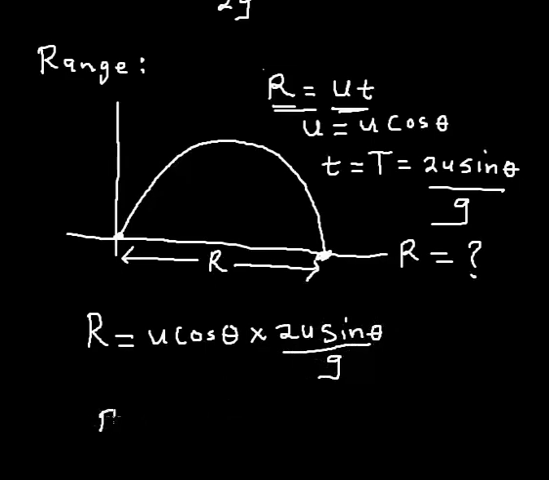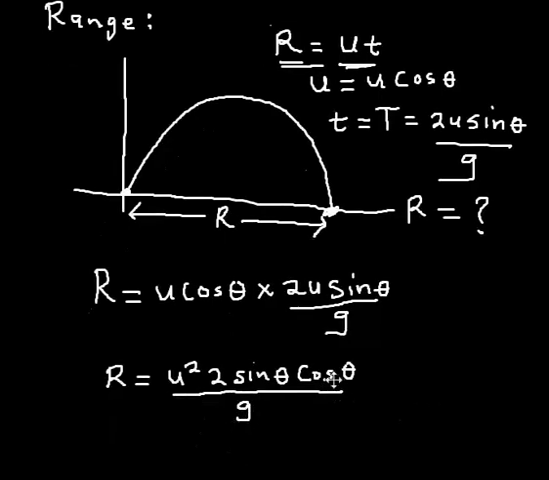So R is equal to u times u, which gives u squared, times 2 sine theta cos theta, divided by g.